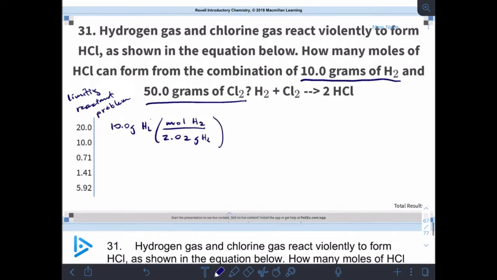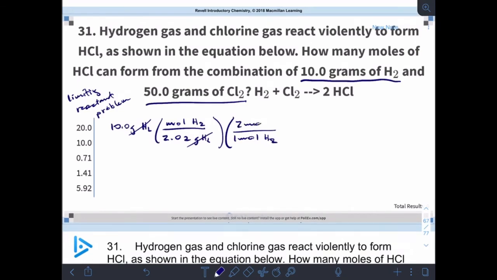All right, so my grams will cancel. Now I want to go from moles of H2 to moles of HCl. Right, so in our equation, there's 1 mole of H2 and 2 moles of HCl. So I'm going to find that that much hydrogen will give me 9.9 moles of HCl.